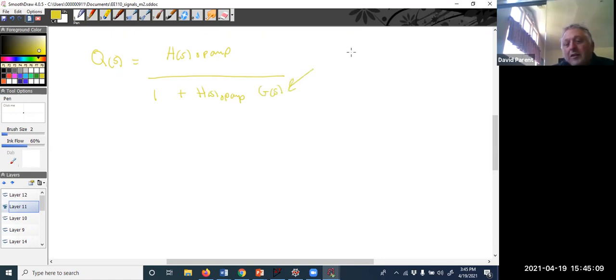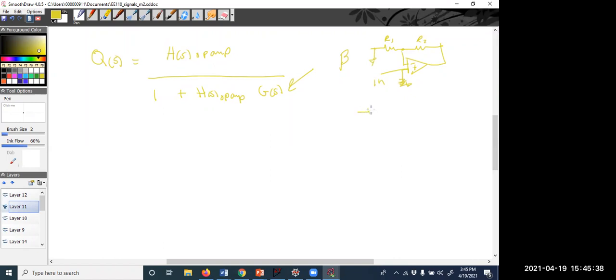But in all our examples, G(s) has just been some constant because for the problems that we do like this, we're just using that voltage division on the feedback.